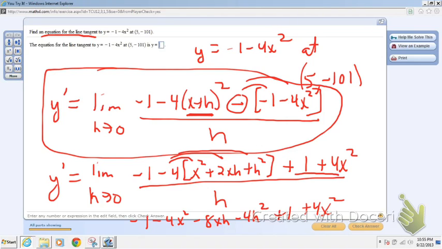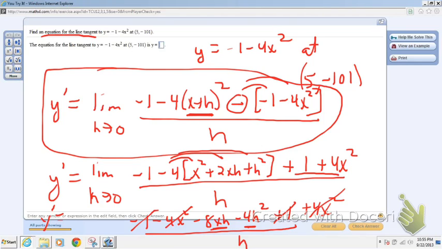Okay. Now, all of that over h. You'll notice that this cancels with this, and this cancels with this. And if you divide out by h, you're going to be left with -8x minus 4h.